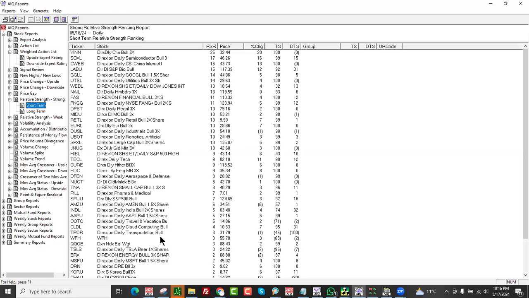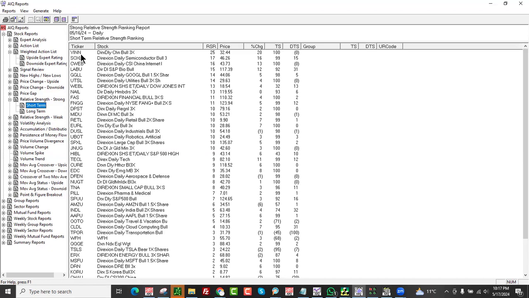Because if you run this report 30 days from now, that 3X could have moved a long way in the opposite direction, which was one of the reasons why I broke out Direxion ETFs into families like 3X, 2X, and just the 1-to-1. If you want something more volatile, you could go with the 3X. So you've got to be a little more aware of having all of those 3X ETFs in there and just how volatile they are.